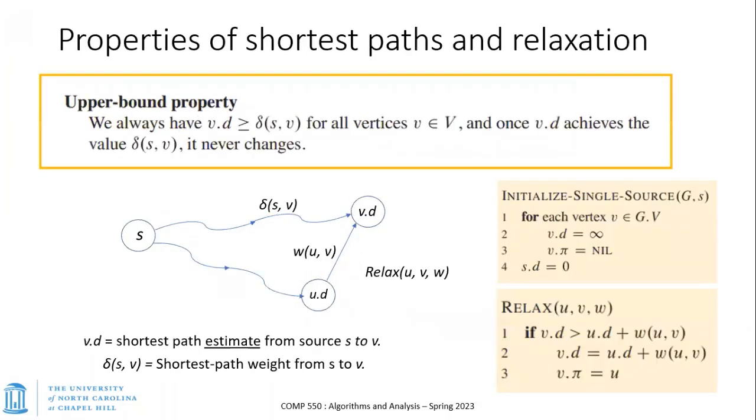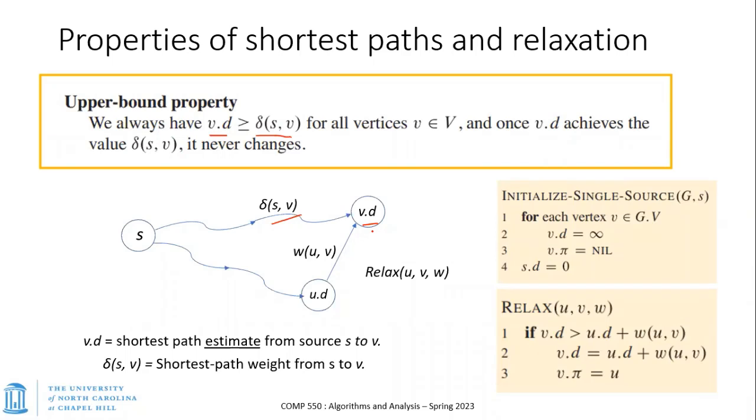And then we have the upper bound property, which basically says that we always have the estimate V.d to be greater than or equal to the actual shortest path weight from S to V. Because the estimates are initialized to infinity, they're essentially coming downwards.